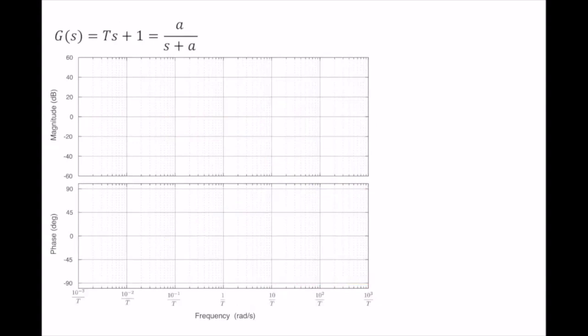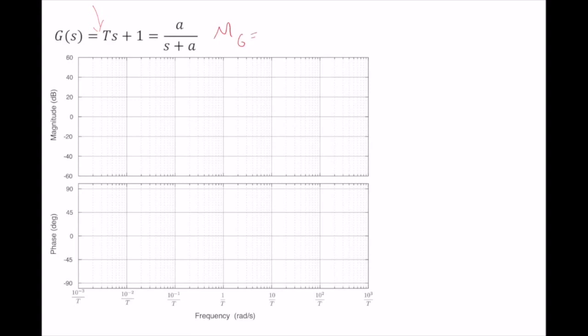Okay, now let's look at a little bit more difficult case where we have a different time constant instead of 1. So if you remember from your Bode plot lectures from circuit classes, the time constant will shift everything along the frequency axis, but technically the shape of the Bode plot should stay the same. Okay, so let's try to derive it very quickly, and let's look at the magnitude first.